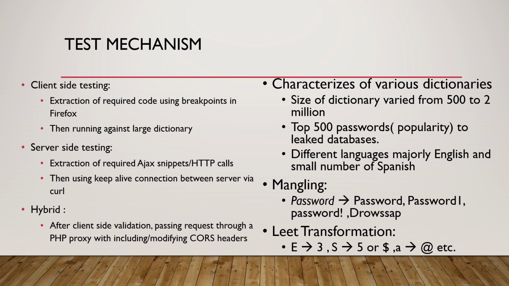So authors put a breakpoint during AJAX snippets, which is what makes HTTP calls from JavaScript usually, and then gathered and debugged and monitored each AJAX request and their parameters, and then manually created a script using curl with a keep-alive connection to send multiple passwords at a time.